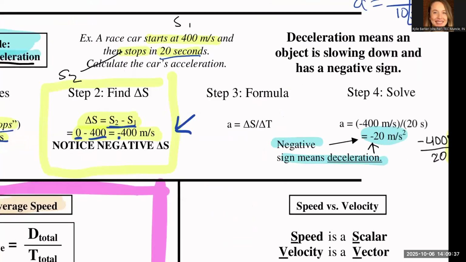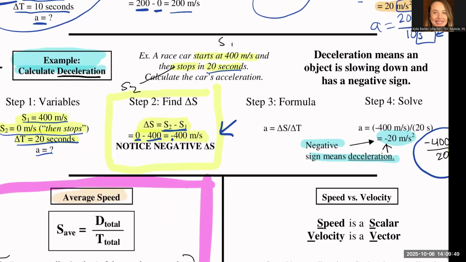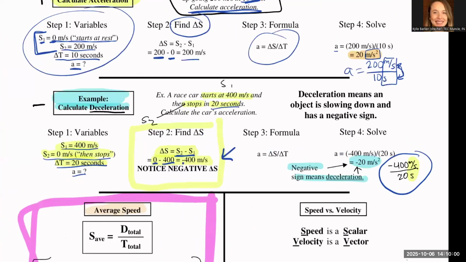So still same step over here. I now have negative 400 as my change in speed, and I'm going to divide that by 20 seconds. Was that right? Yeah, 20 seconds. In order to get a negative answer, negative 20 meters per second squared. You still do all the math the same. You're still plugging it in the same spots, the unit and everything.